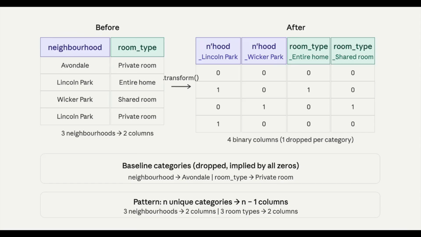And so what is happening is that it's adding a column for neighborhood Lincoln Park, neighborhood Wicker Park, and it's going to give a 1 to that row if that's what the neighborhood is, and a 0 if it's not. And it's going to drop the first column, because if it's not either Wicker Park or Lincoln Park, it must be Avondale. So I hope that makes sense.